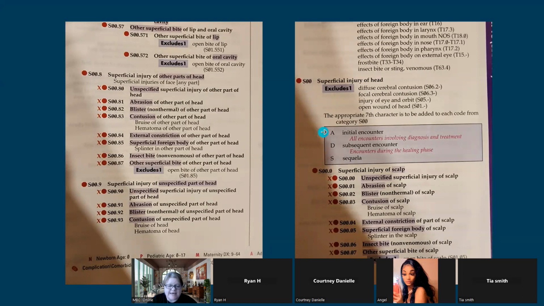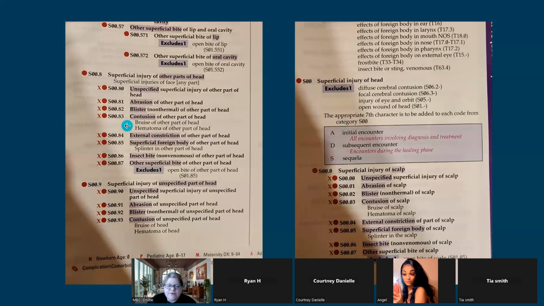So we're going to use this A. When you see this little purple box, these make up your 7th character, these initials, the A, D, S, or it could be other things. It's other things when you're dealing with maternity, because they have things that notate which trimester they're in and stuff like that. So your code is going to be S00.83XA.